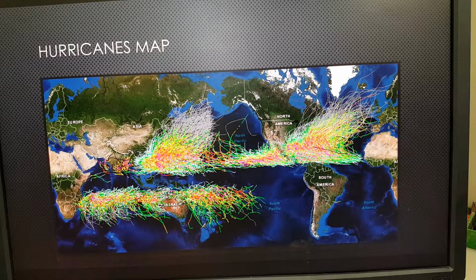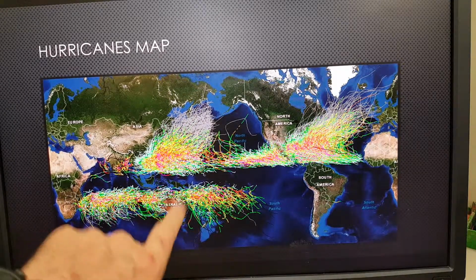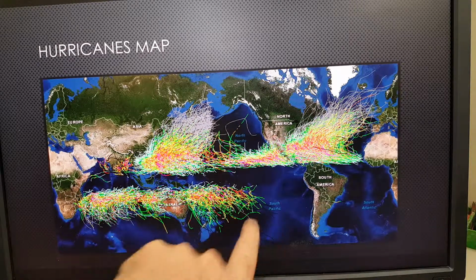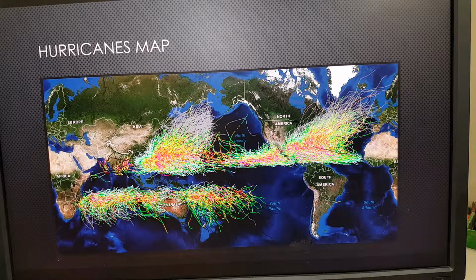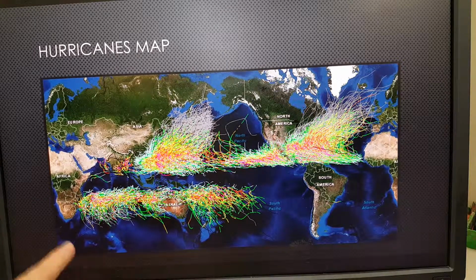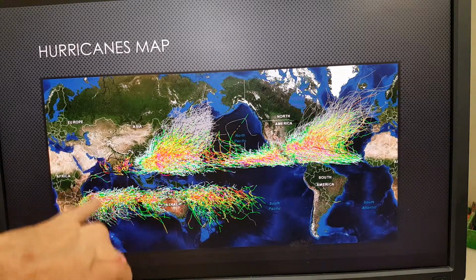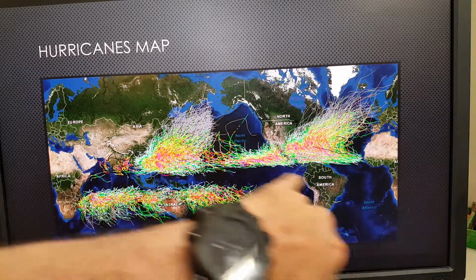Here's a map showing every hurricane since they've been recording. You can see clearly the motions here and here. It doesn't show the rotation, but you can look up individual hurricanes and see the rotation. But obviously, clearly, there are no hurricanes crossing the equator.